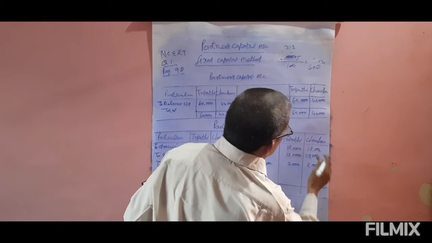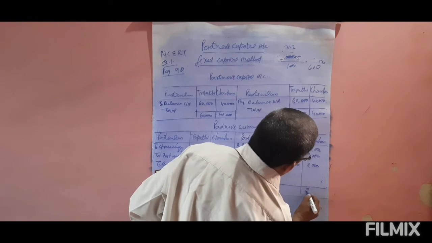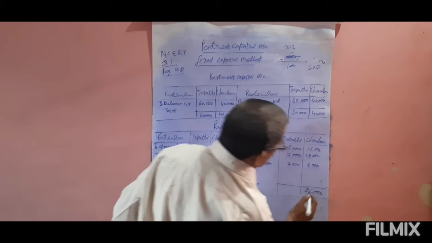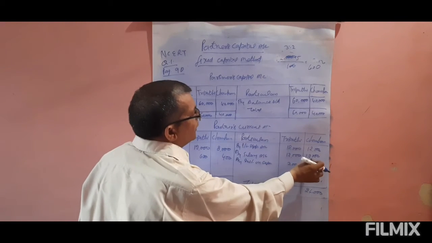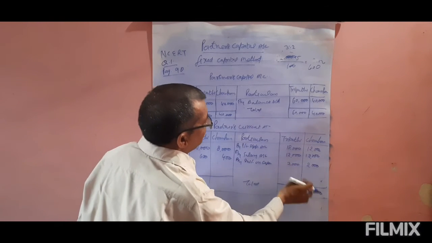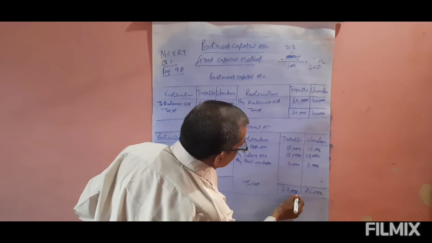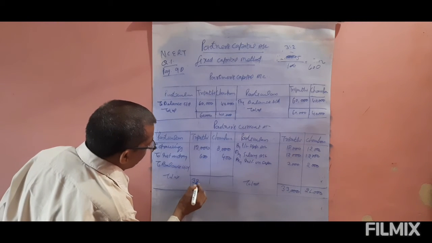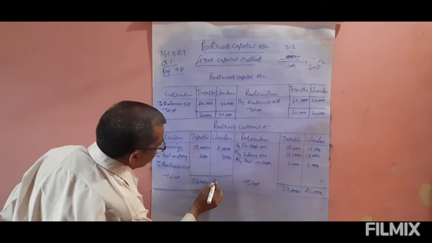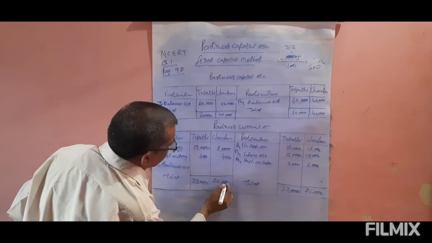Now, 26,000. Here is 12, 24, 26, 30. It is 33,000. Here is 26,000.